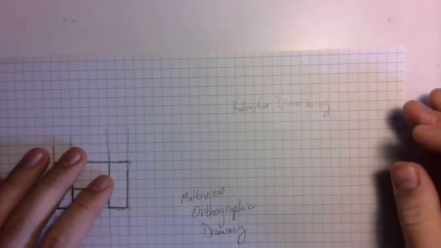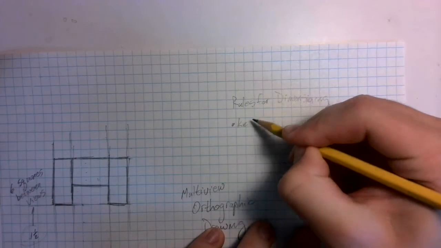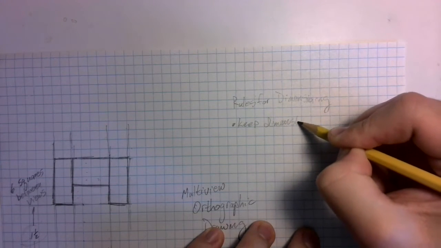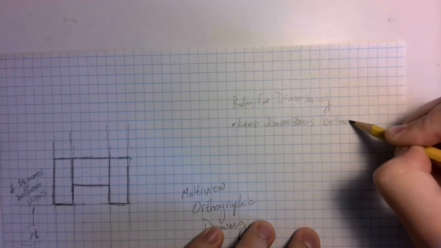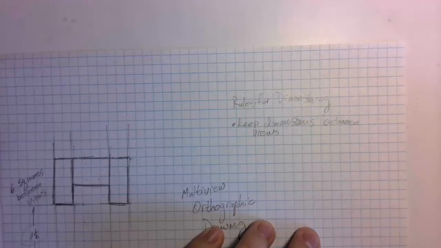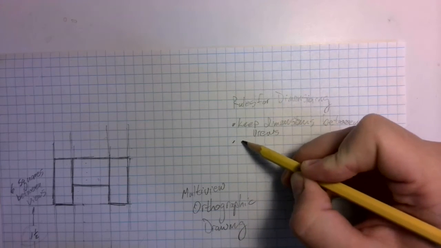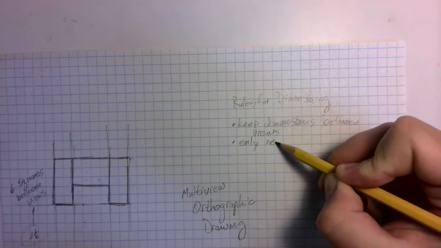Okay, typically the rules for dimensioning are that we are going to keep dimensions between views. We are going to not duplicate any dimensions. So, only needed dimensions.